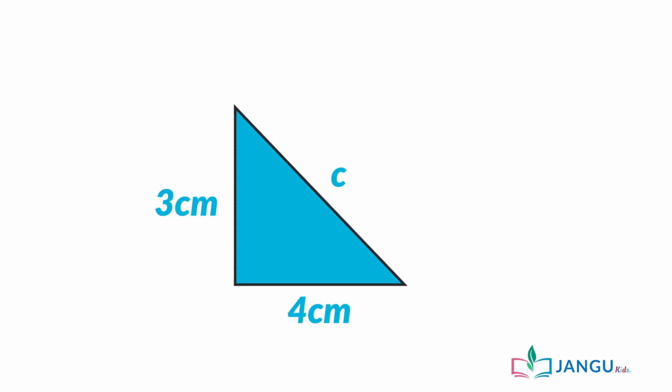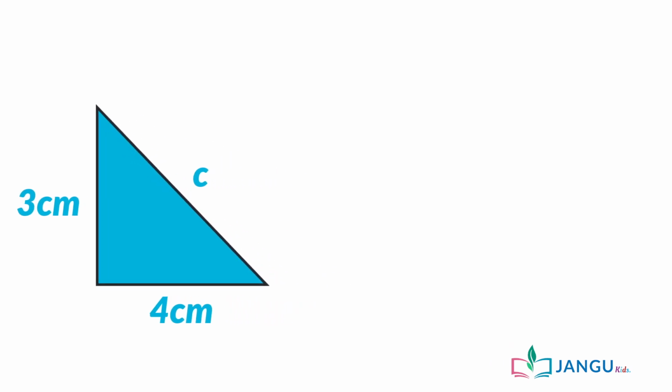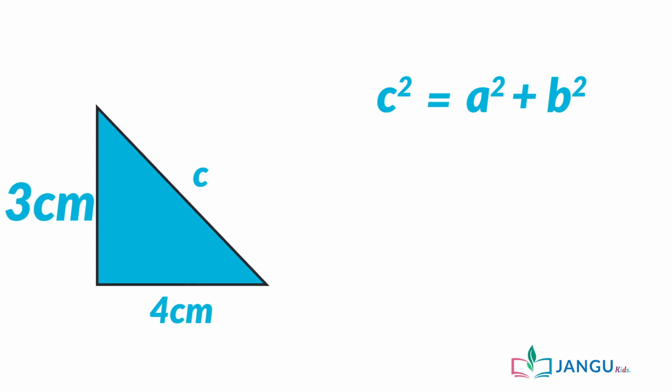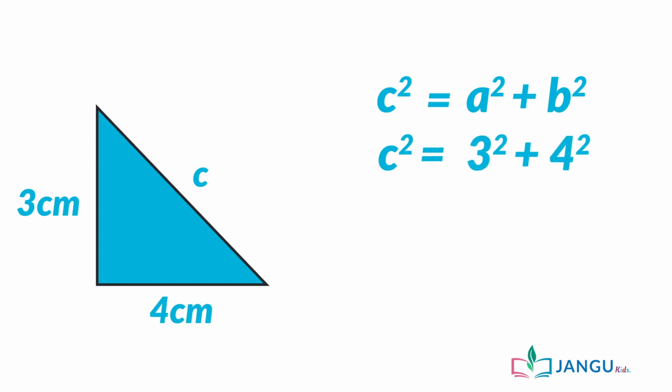Using the Pythagoras theorem, we know that C squared equals A squared plus B squared. A equals 3 centimeters. B equals 4 centimeters. C squared equals 3 squared plus 4 squared. 3 squared is 9, while 4 squared is 16.